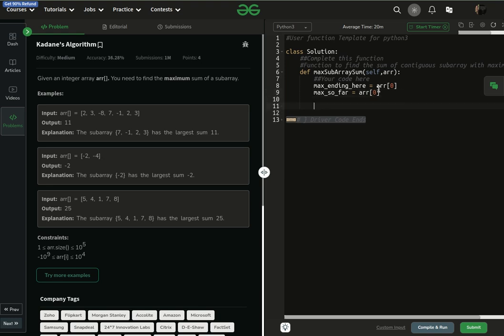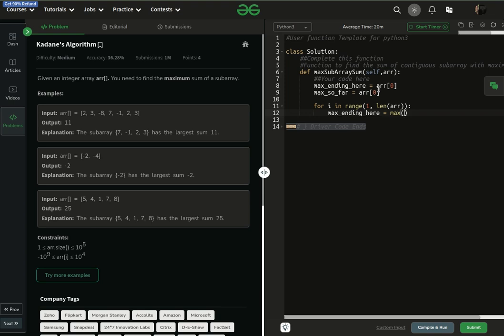Then the second step was to iterate through the array. So for i in range 1 to length of array, and then max ending here, we will take the max of two numbers. First one is the current element, and the second is the previous elements plus the existing element, taking the sum, right?